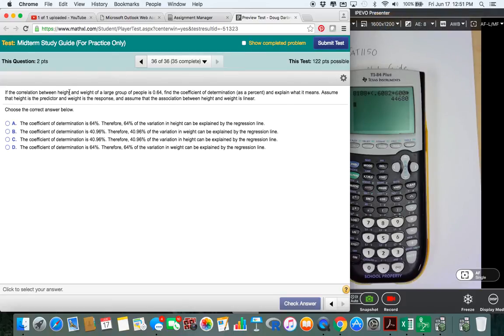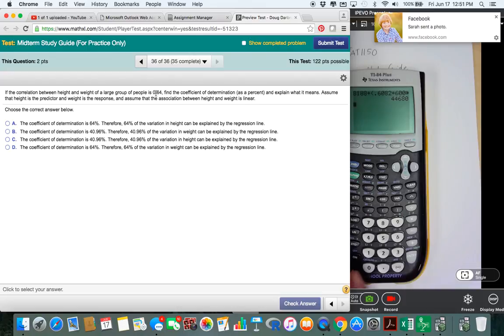All right, it's a correlation between height and weight, 0.64. Find the coefficient of determination and explain what it means. All right, so we know that R is 0.64.